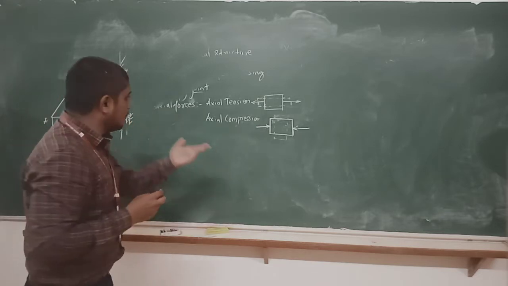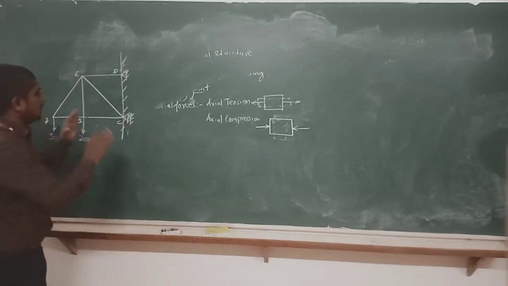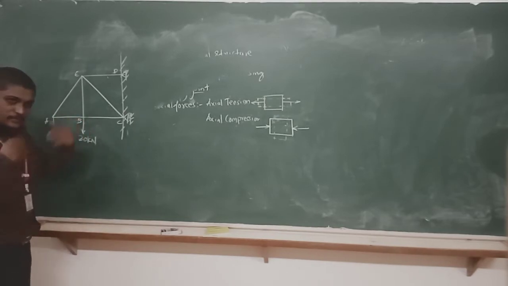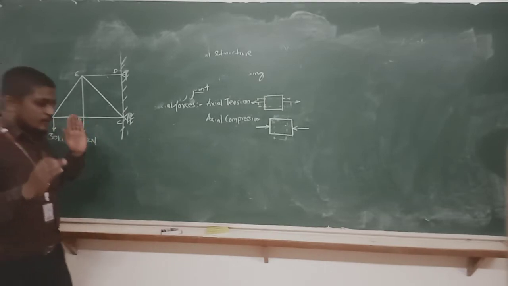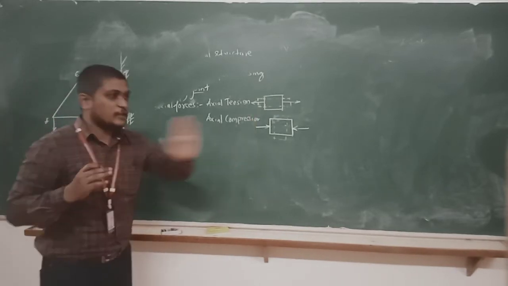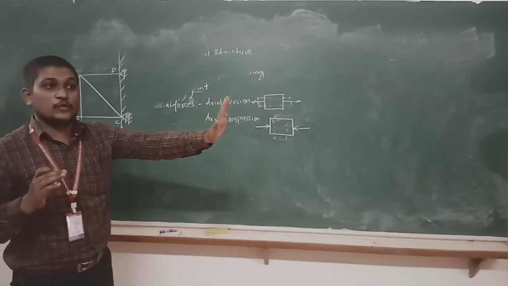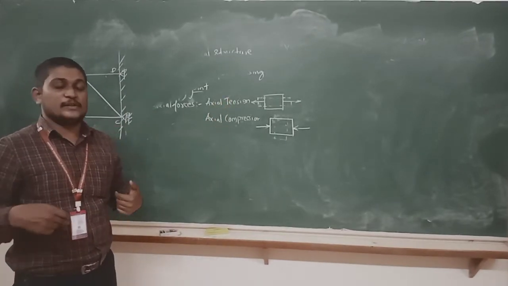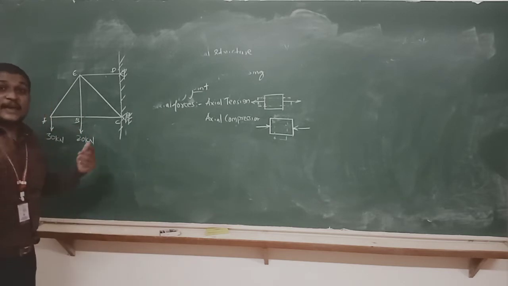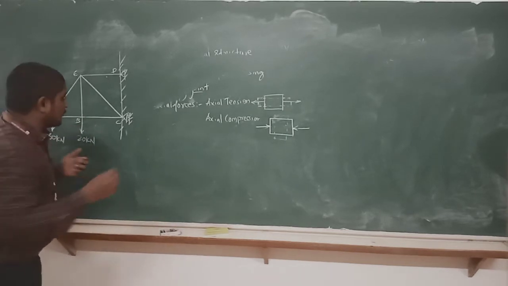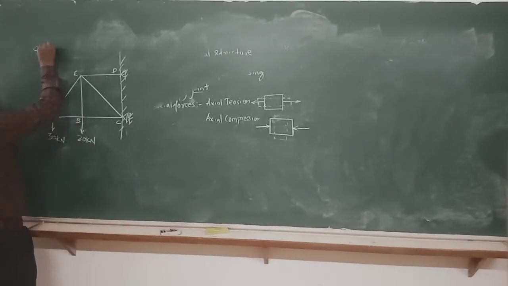Those changes come because of some energy stored in this member. If you take my body, when force is applied to it, it moves forward, and also a change in the dimension will come. There is an energy stored in the body. Which type of energy? It is called the strain energy.